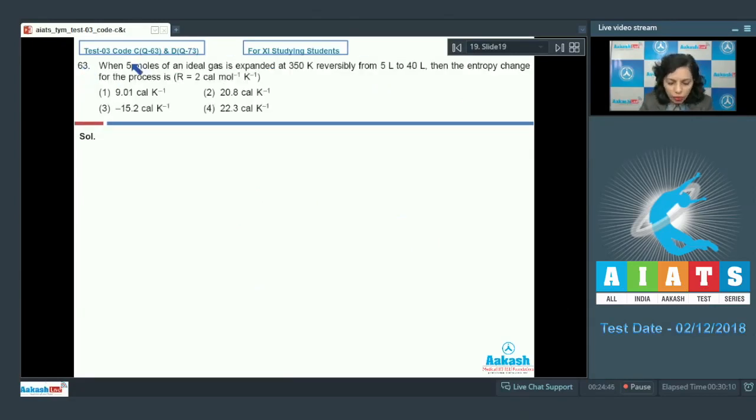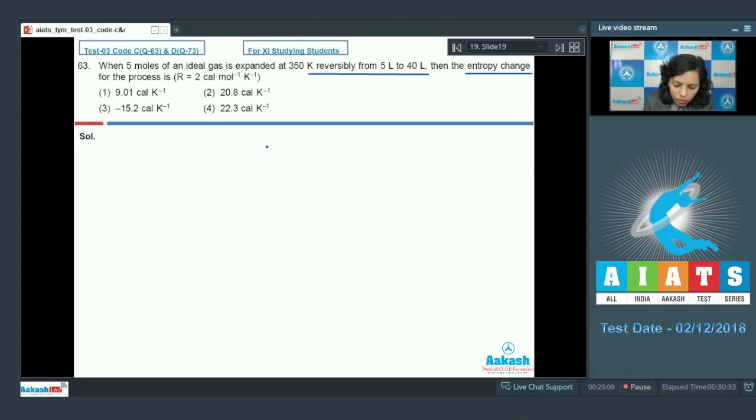Question number 63. When 5 moles of an ideal gas is expanded at 350 Kelvin reversibly from 5 liter to 40 liter, then the entropy change for the process is. It means we are taking an ideal gas and this process is done reversibly from 5 liter to 40 liter. Then you need to find out the entropy change.